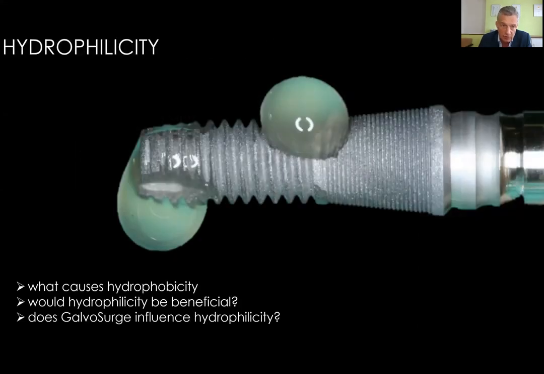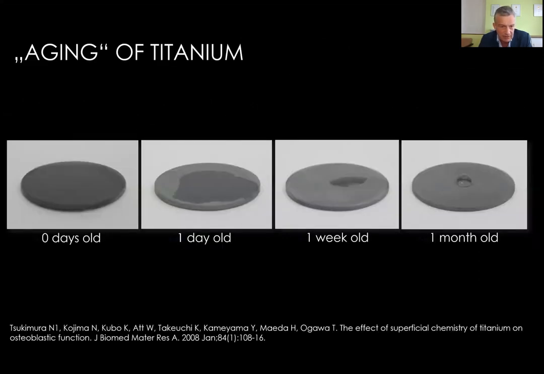Now, another story, hydrophilicity. We see that if we take a new implant and place it in the mouth, then we recognize that the blood doesn't spread on the implant, it's hydrophobic. But initially, freshly prepared titanium is super hydrophilic. You see a sample of a titanium plate.